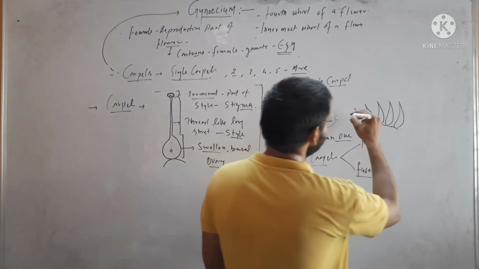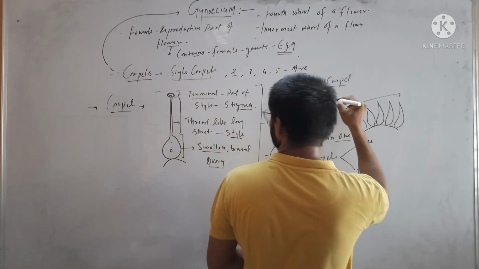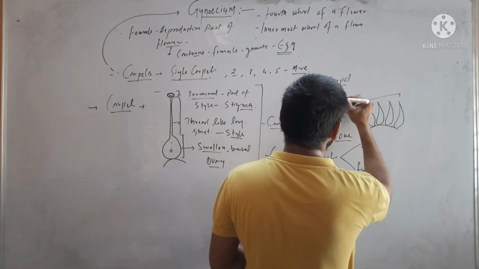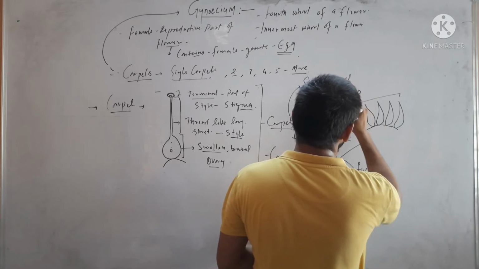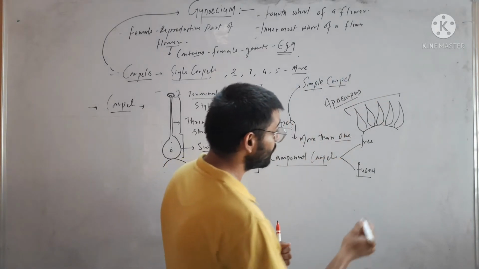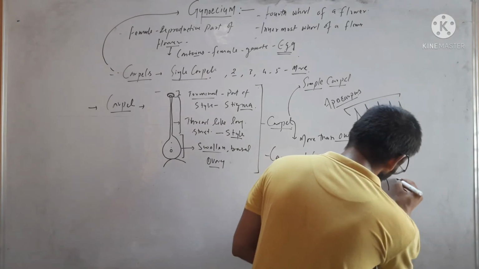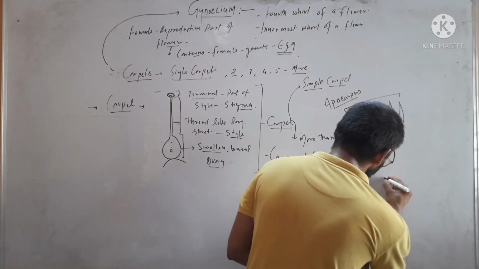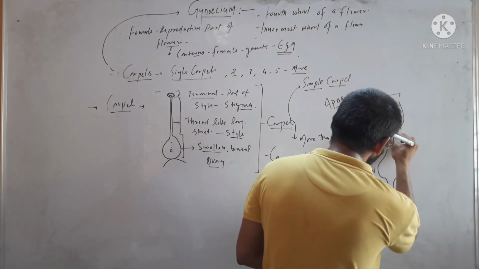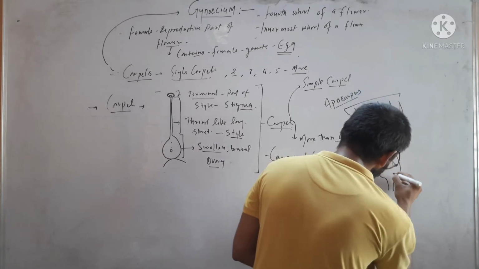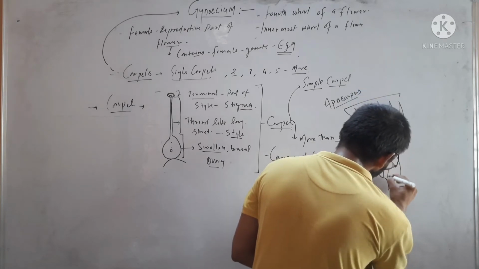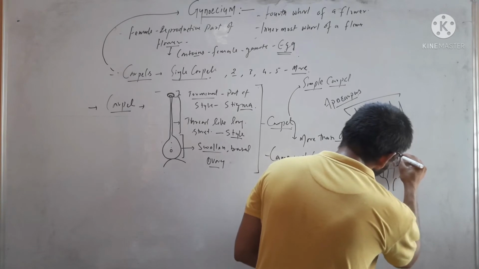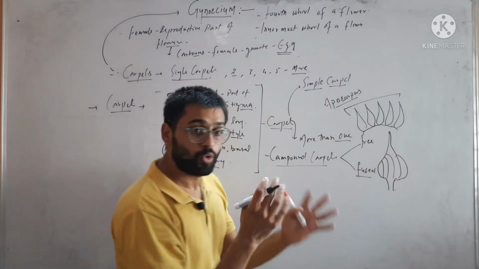So this condition is called apocarpous. If carpels are fused, carpels are more than one and they are fused like this, and all are fused.